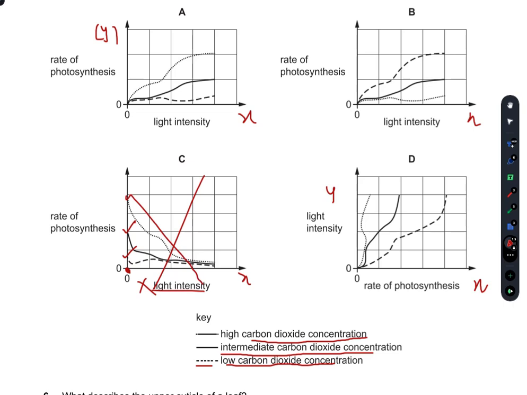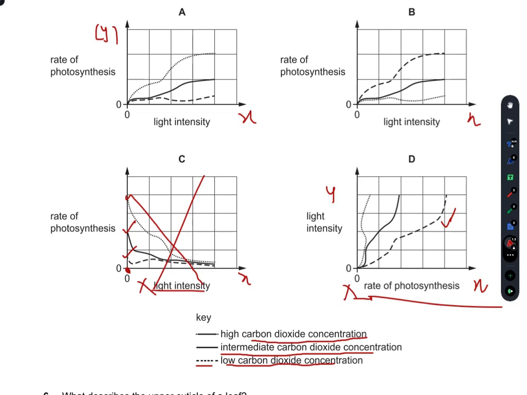In option D, you can see low, intermediate, and high carbon dioxide concentration. Among these lines, the higher carbon dioxide concentration has the greatest rate of photosynthesis, but it will not actually have that. This is a false graph.